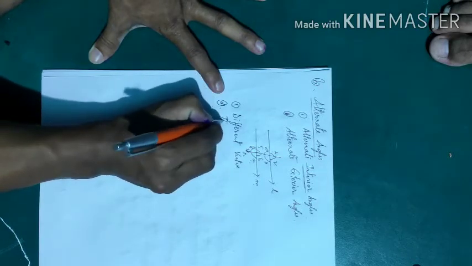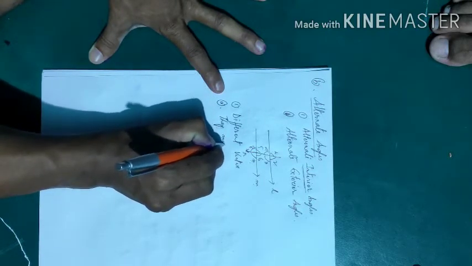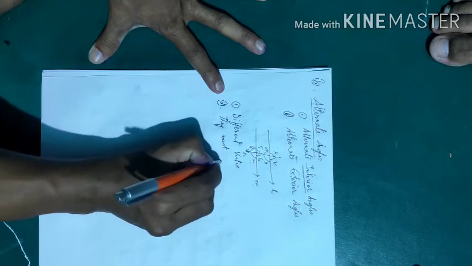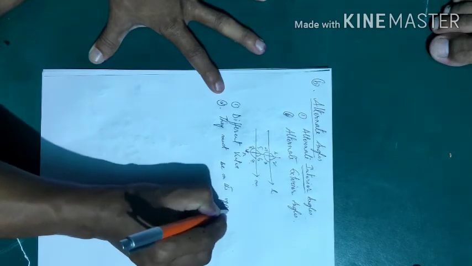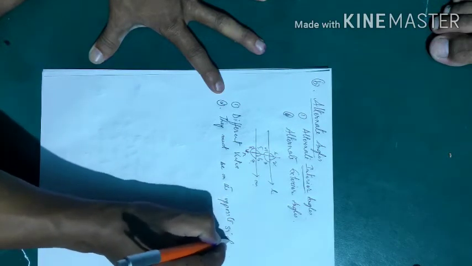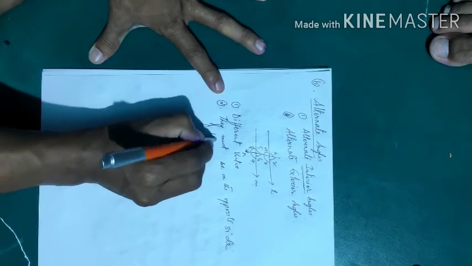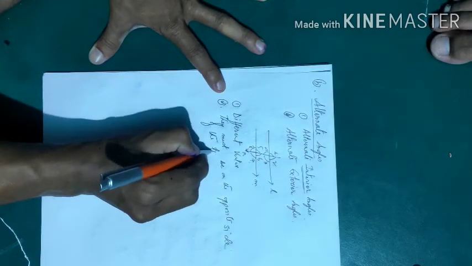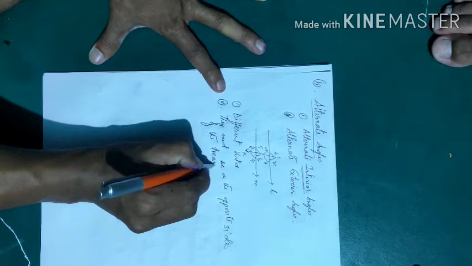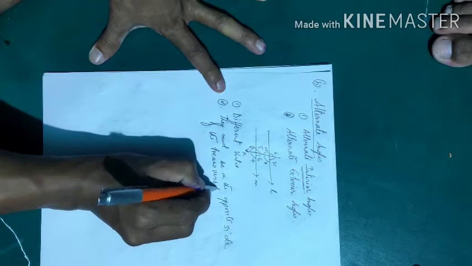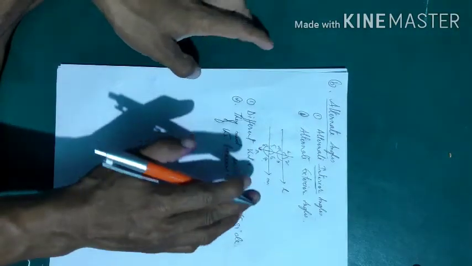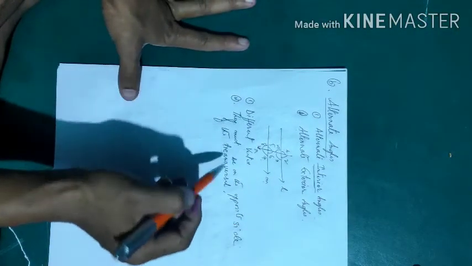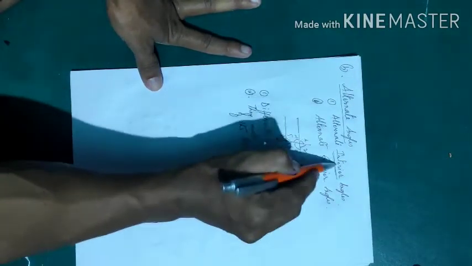Secondly, they must be on the opposite side of the transversal. That means that alternate angles must have different vertex and they must be on the opposite side of the transversal. So first, let us try to find alternate interior angles.